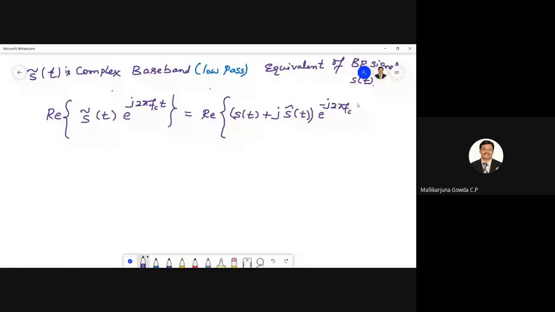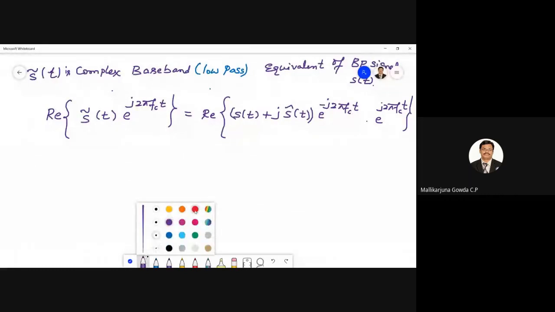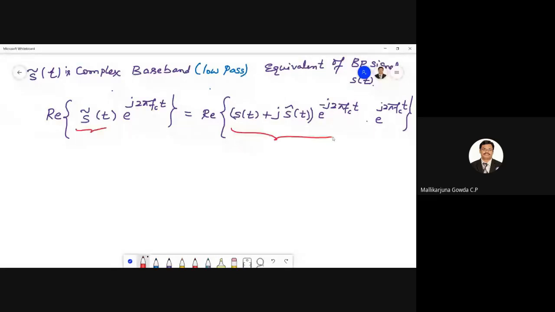Then the next term, e power j2 pi fct is there. I just substituted the value of S tilde of t here. S of t plus j into S hat of t into e power minus j2 pi fct is the value of S tilde of t. So in this, what is the real part of this?